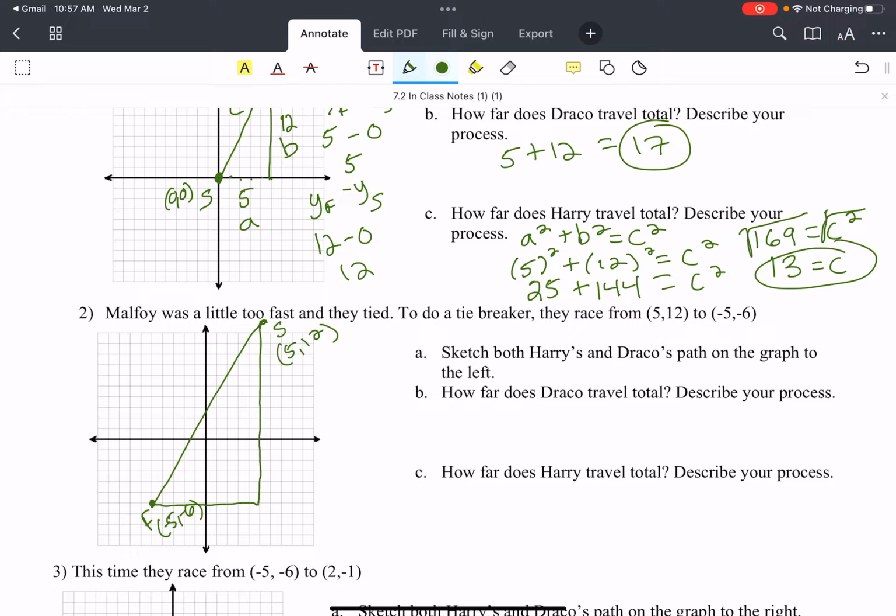In order to find Draco's total distance traveled, I'm going to start by finding my A, which is my horizontal distance. So I take X finish minus X start. And then B, which is my vertical distance, I'm going to take Y finish minus Y start.